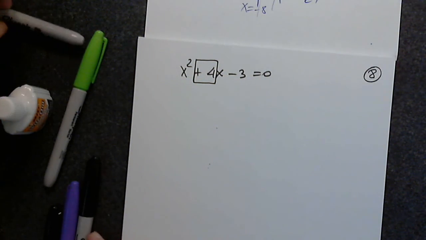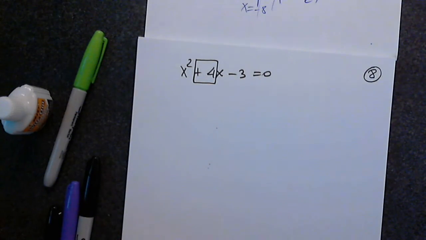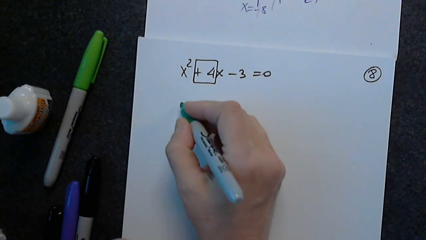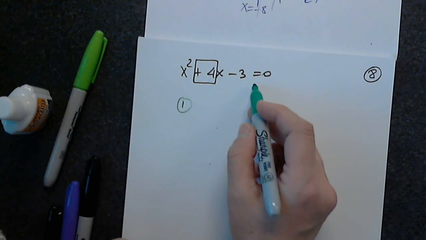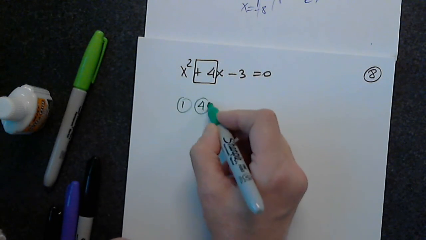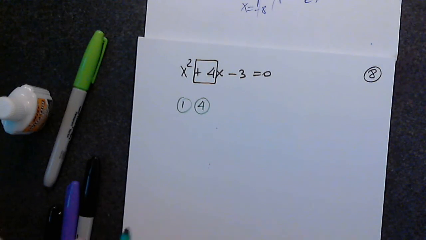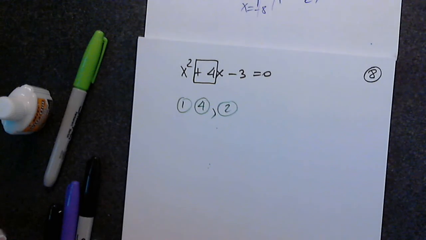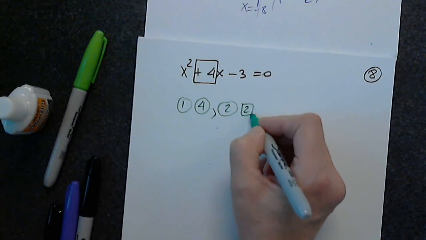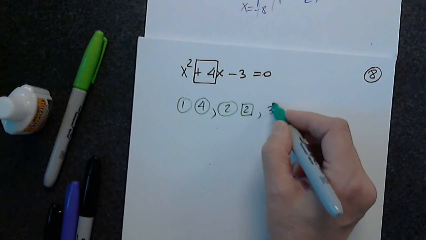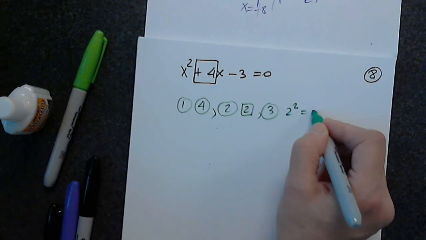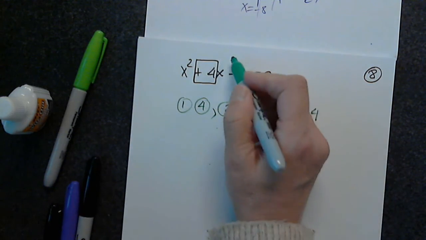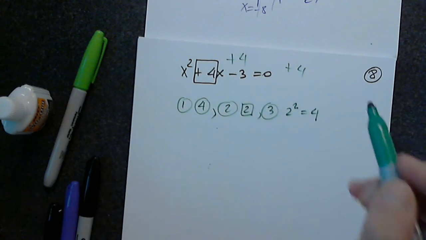The first step is descending order and identifying the middle coefficient, 4. In step 2, I divide 4 by 2, and I get 2. In step 3, I square 2, and I get 4. This is what I need to add to both sides.